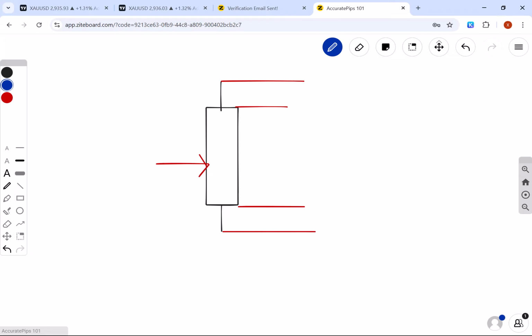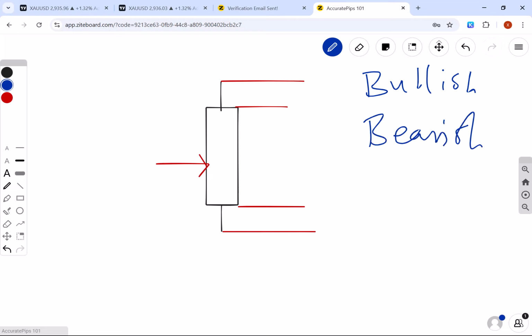Now, we have two types of candles. Let me mention that first. We have the bullish candle and we have the bearish. And I've defined these two terms already in the previous lessons. So I don't need to talk about them again.